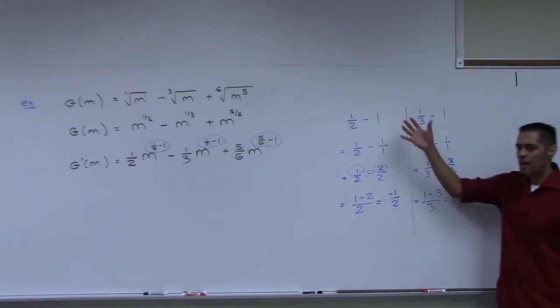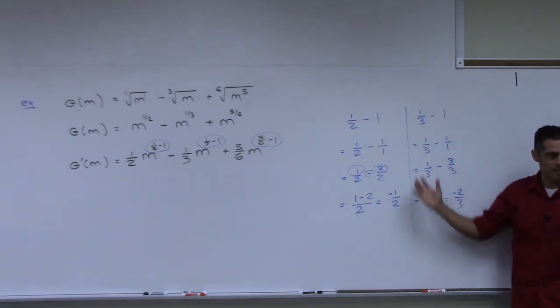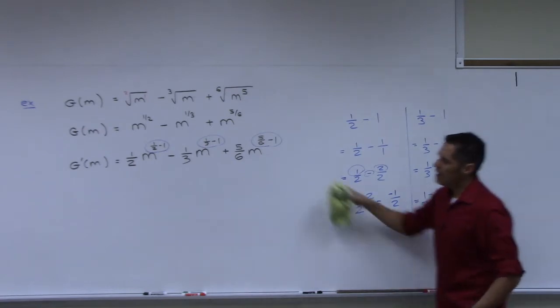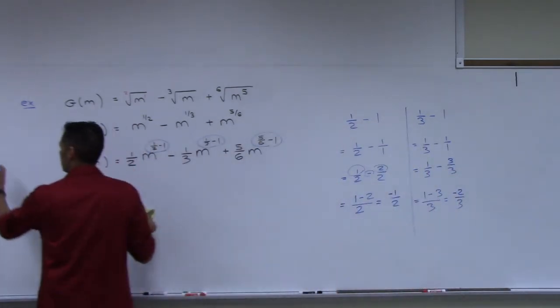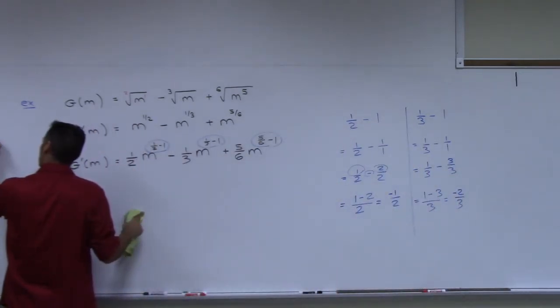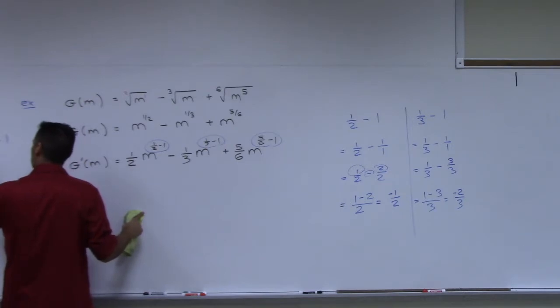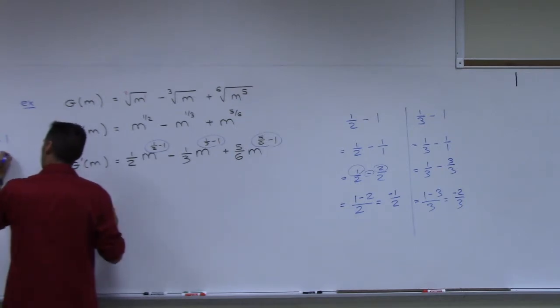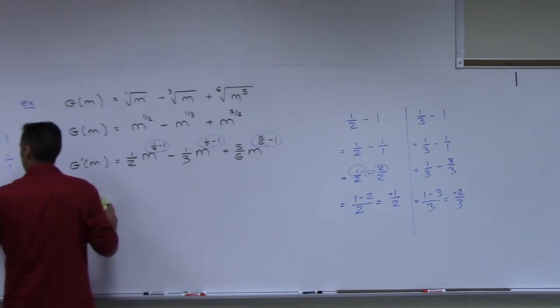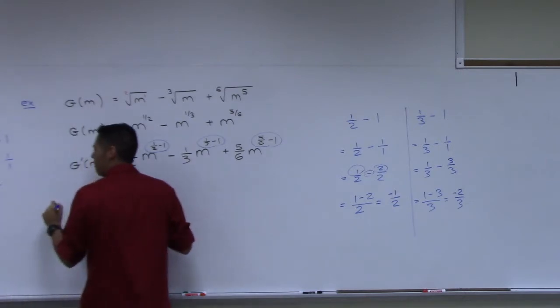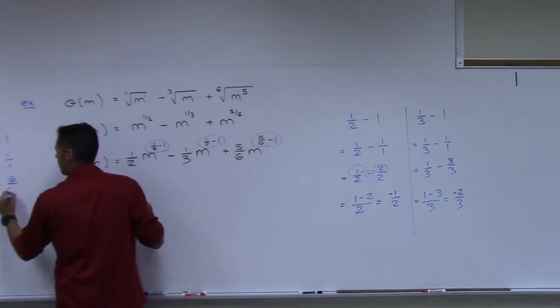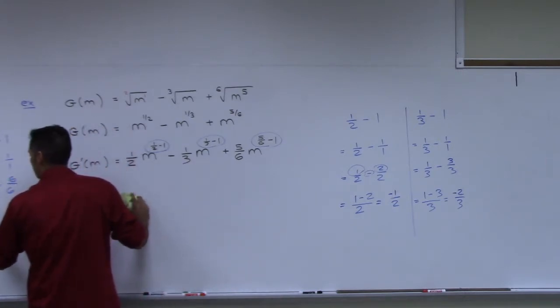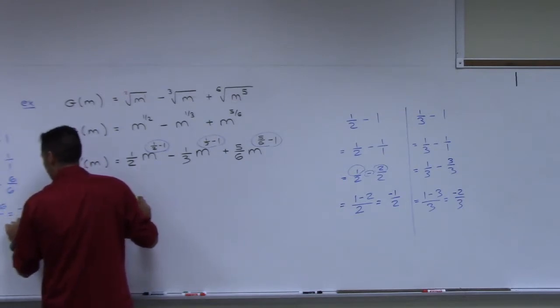So this is just subtracting fractions. That's all this is. And the last one, 5/6 minus 1, I'll do it here. We have 5/6 minus 1 is the same as 5/6 minus 1/1, which is the same as 5/6 minus what? 6/6. So that gives you 5 minus 6 over 6, which is negative 1/6.